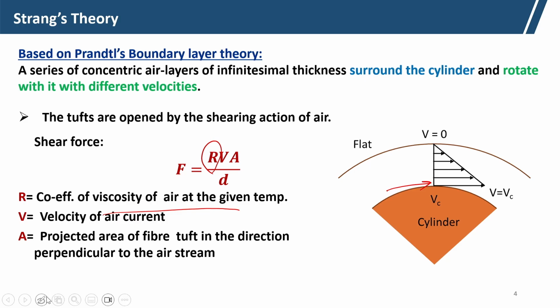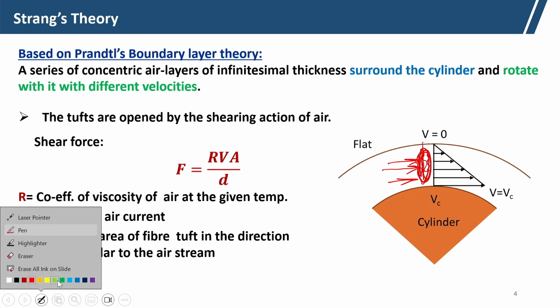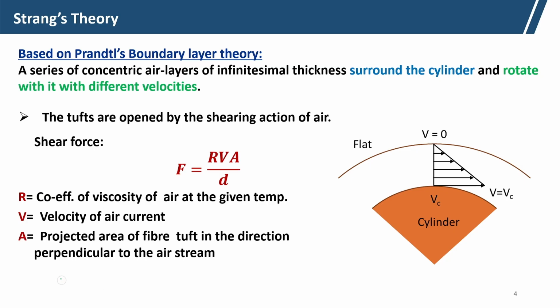Now, this A is important. Suppose this is the tuft, and this is the air stream direction; the perpendicular area is the projected area, that is A. Now, suppose we have another fiber which is projected in this way.